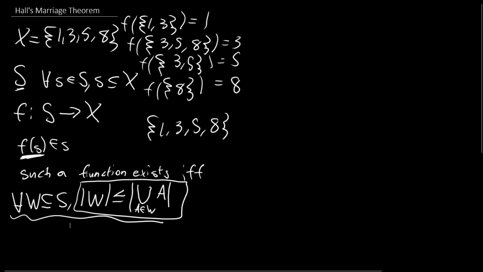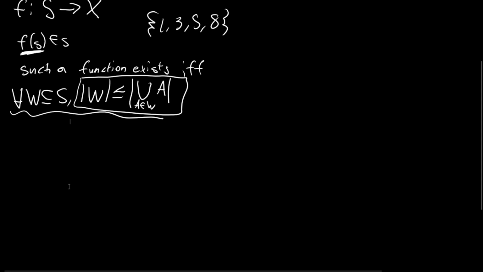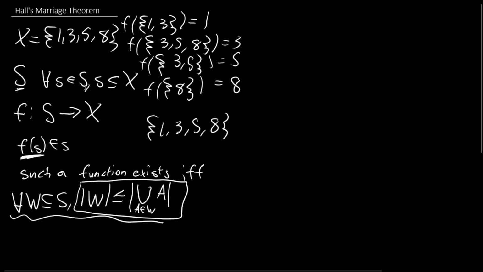So next we're going to show a different interpretation of Hall's marriage theorem in graph theory instead of in set theory. And it's very easy to see that it's equivalent, so let's use this to get to the graph theory version. For each element of S, let's make a node on the left side of a bipartite graph.